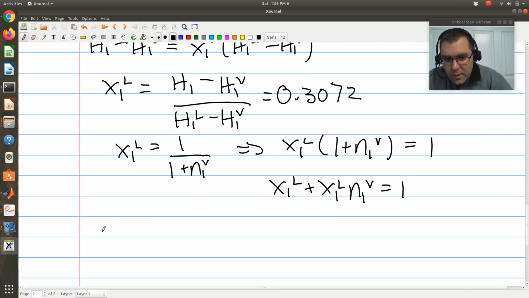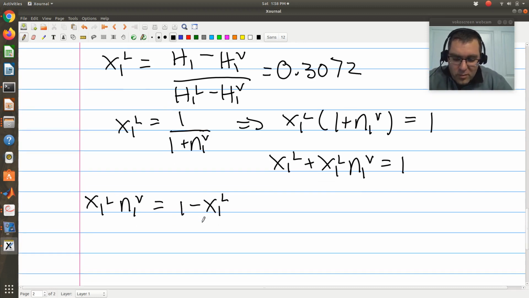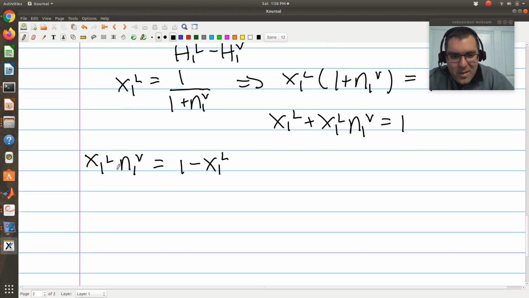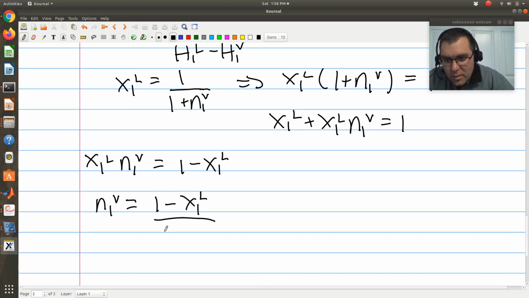So let me bring it over here. So X1L N1V is equal to 1 minus X1L, which just so happens to be X1V. And so N1V is equal to 1 minus X1L over X1L.